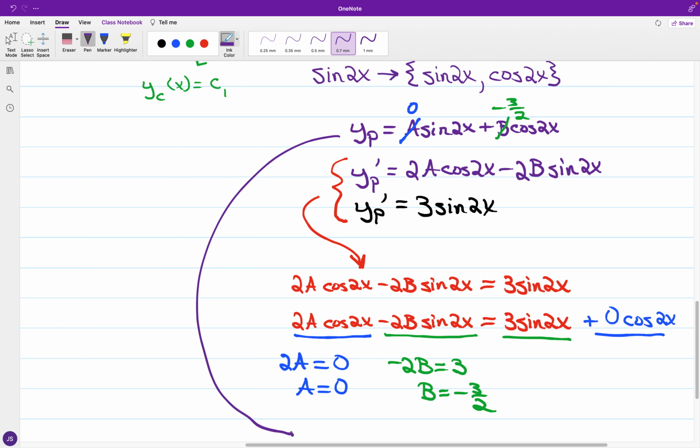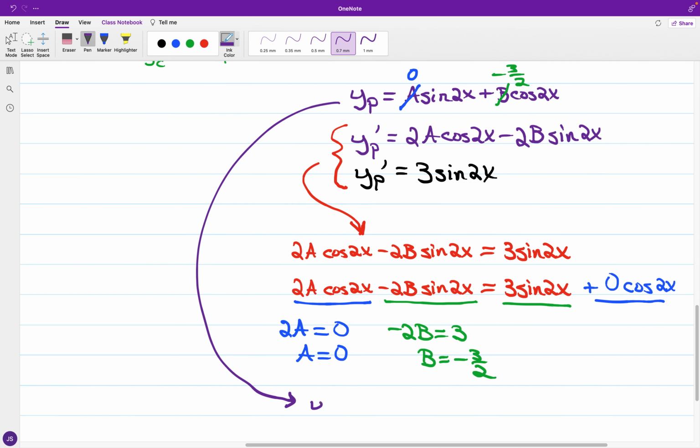And transferring back, for the particular solution, we have that y sub p is going to be equal to negative 3 halves of the cosine of 2x.